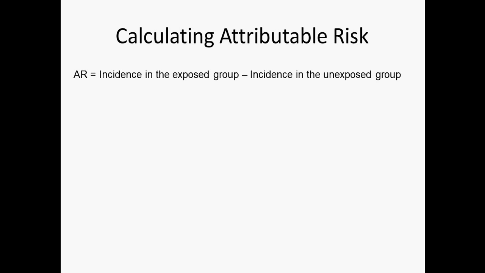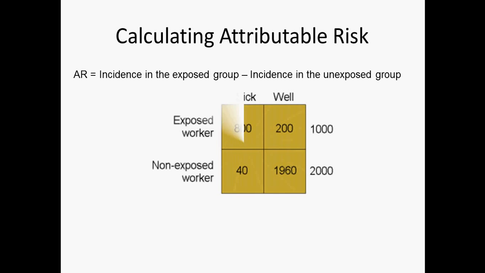Okay, so if we look at the example of the factory workers wherein we talked about exposure to a toxic substance and developing lung disease, which makes them sick, or not developing lung disease, which considers them as well, we said that initially 800 of those workers who fell sick were exposed, out of those who were totally exposed.